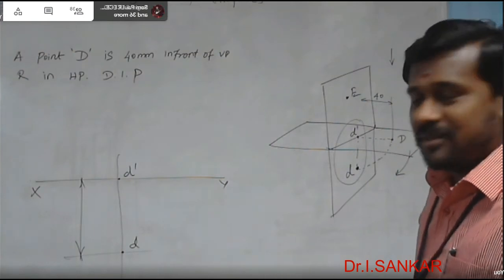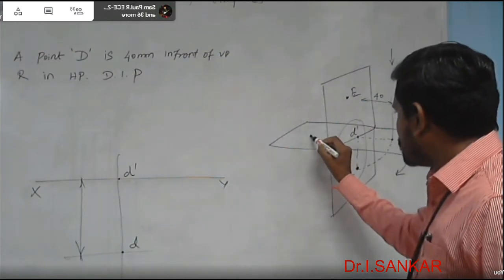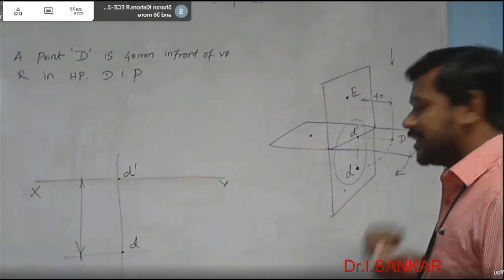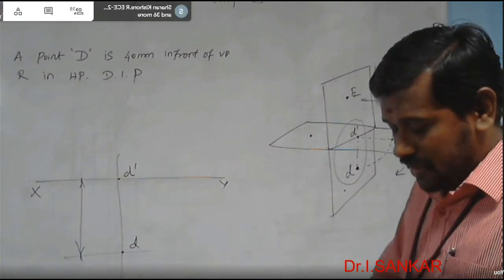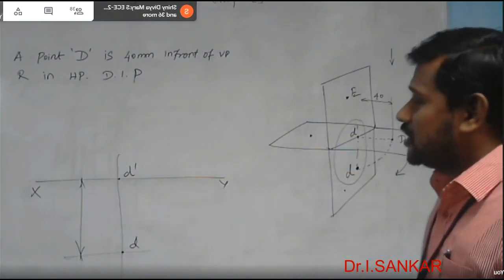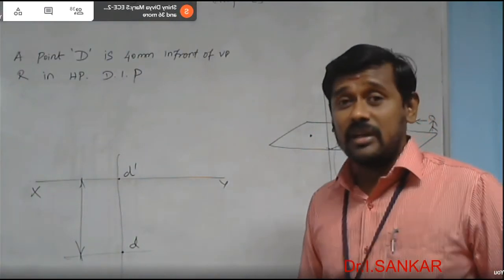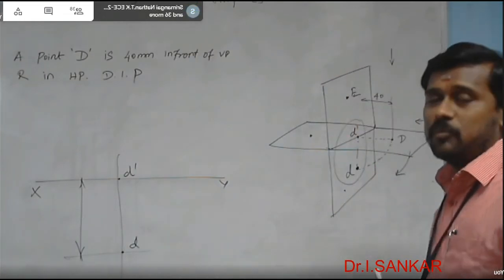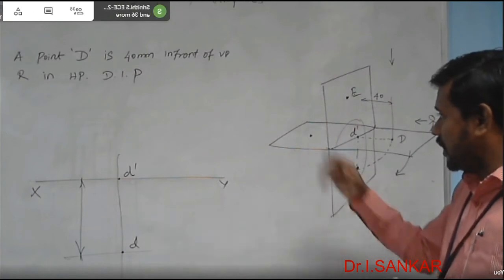We can write a question like that, and you can write a question for this point and for that point also. I will give you the projections, and you can write the question for them. You can easily draw the front and top views for these kinds of points also.